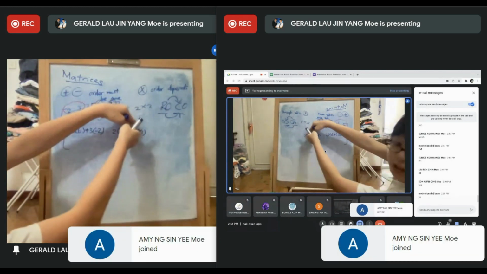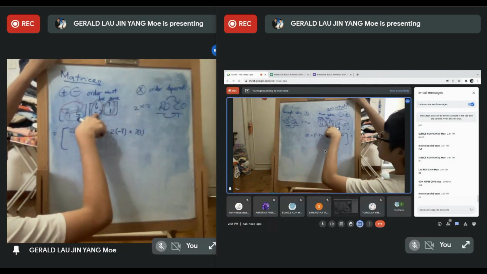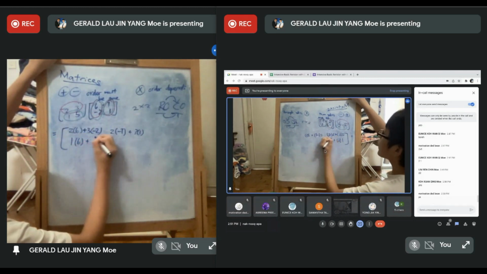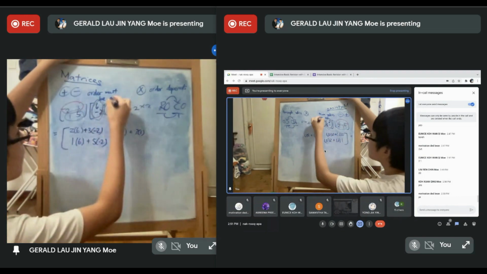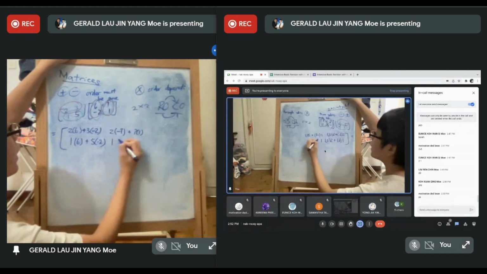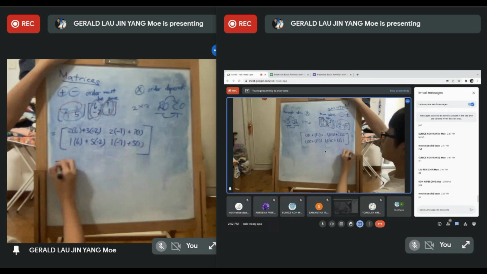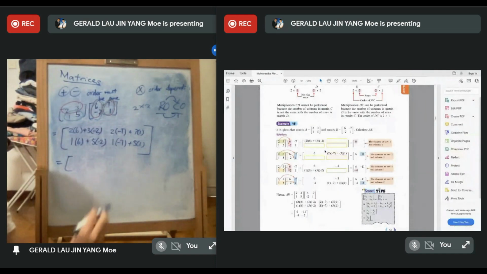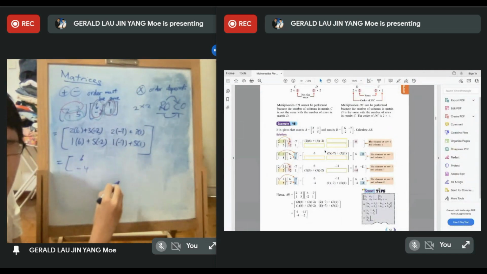Done. Second element finished. Understand? Then look at this one. Second row, first column: 1 times 6 plus 5 times negative 2. Third element done. Fourth element, last element, second row, second column: 1 times negative 7 plus 5 times 1. Understand? So eventually your answer will be 6, negative 4, negative 11, 2.